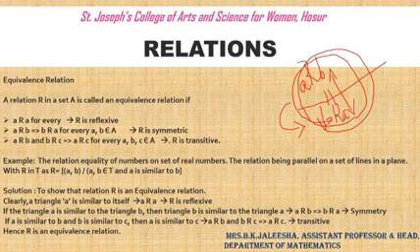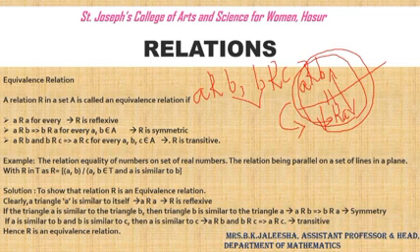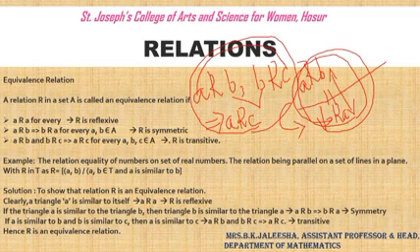Next is transitive. Transitive means if two relations exist, A related to B and B related to C, then using B as the connector or the transmitter, we can form a new relation that A is related to C directly through B. Combining those two, we get A is related to C. This type of relation is called transitive.